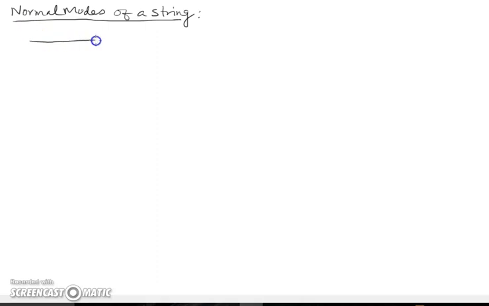So let's consider this is a string of length L, and it is rigidly held at both ends. So both ends are tied so that it cannot move. It's fixed at both ends, and it's under tension.